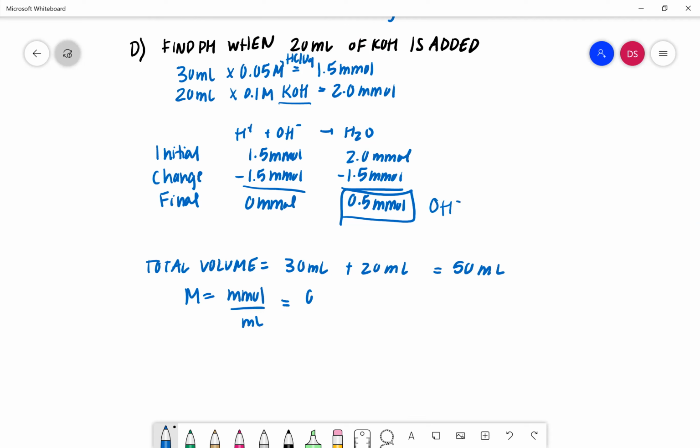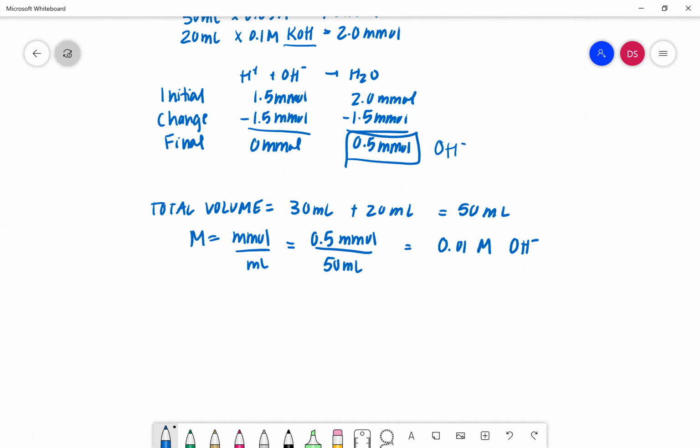So it is 0.5 millimoles over 50 milliliters, giving us a concentration of 0.01 molar for hydroxide ion. To calculate the pOH, it's the negative log of the hydroxide ion concentration, which is negative log of 0.01, and this gives us a value of 2.